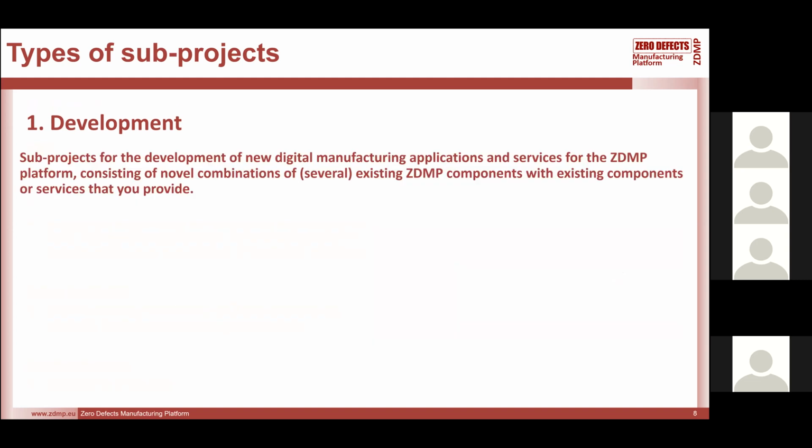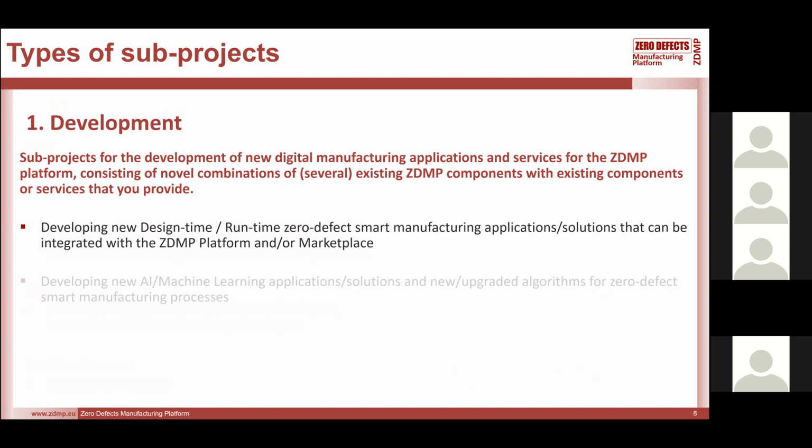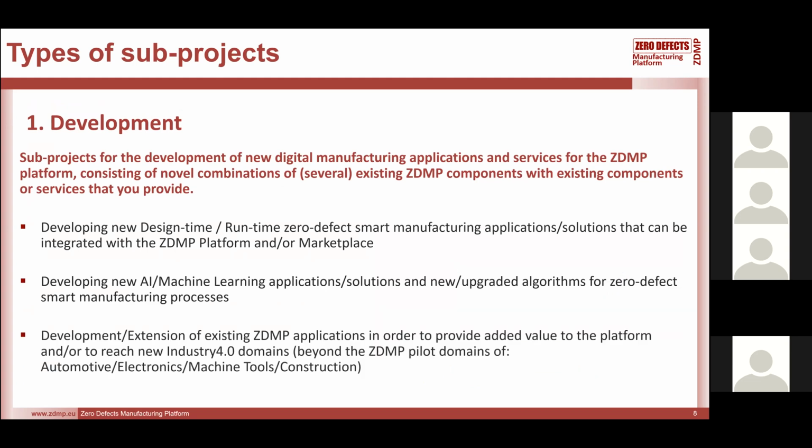So the idea of development here is to look at developing new design time or runtime, zero defect smart manufacturing applications, developing new AI or machine learning applications or new or upgraded algorithms for zero defect processes, and developing or extending existing Zdmp ZApps to add value to the platform or to add value to the Zdmp ZApps as they exist.